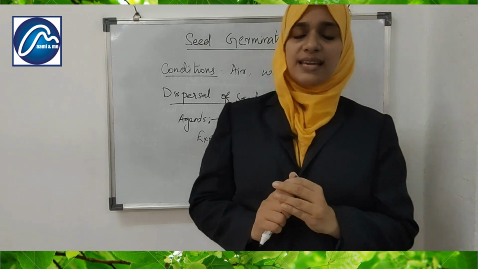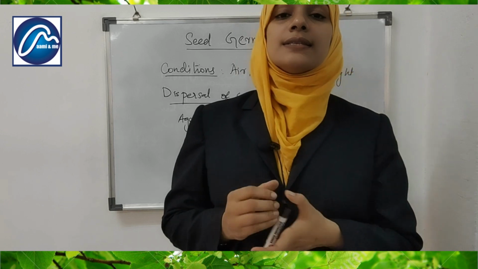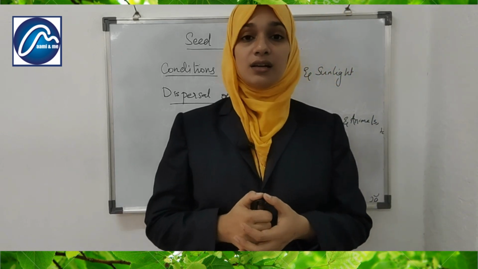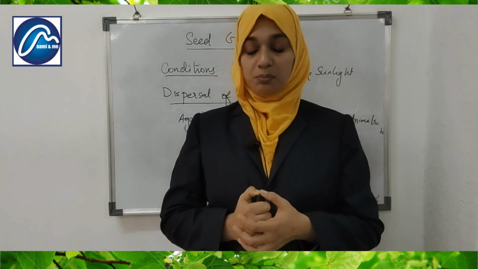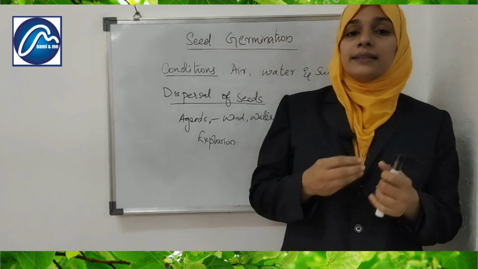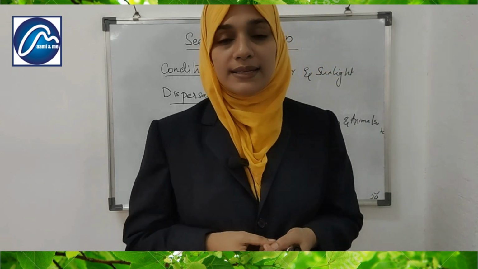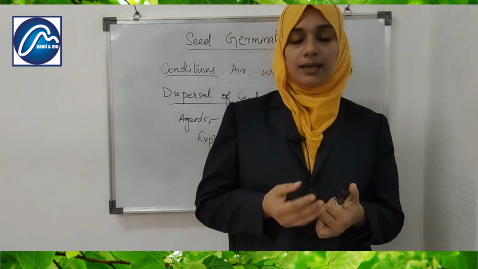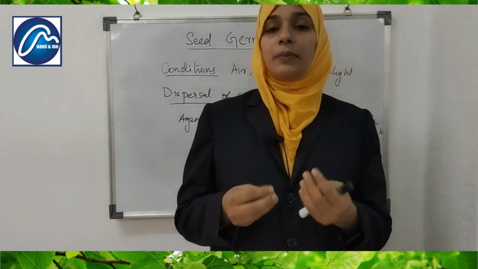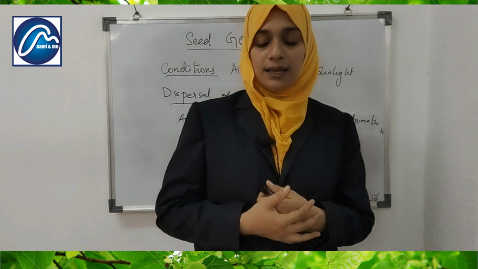How does wind help in dispersal? Some light-weighted seeds like cotton, hiptage, madder, etc. can fly with the help of wind and can reach anywhere. By this, many cotton plants are growing in different areas.